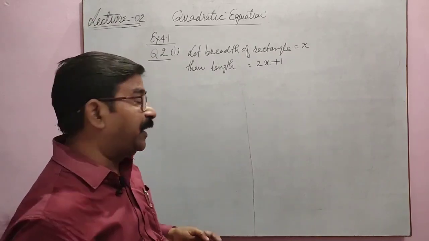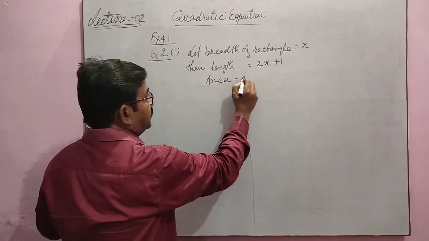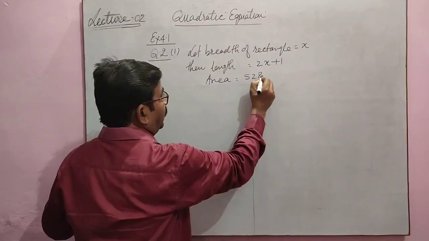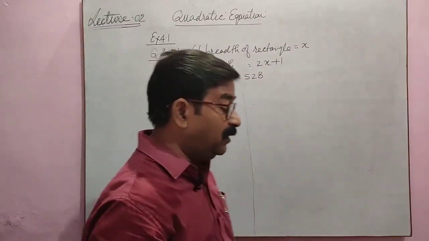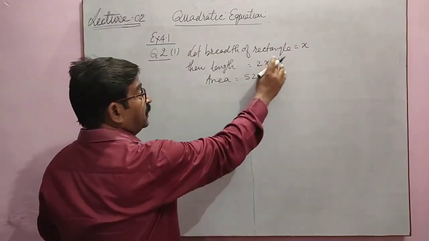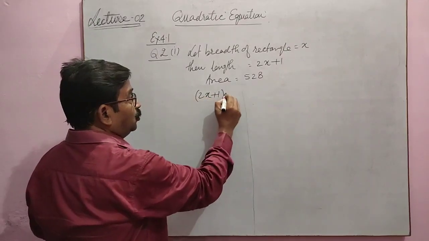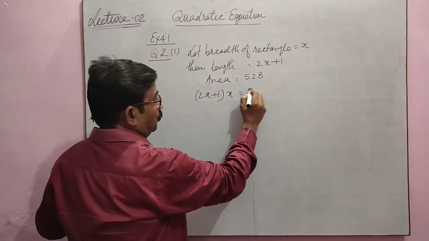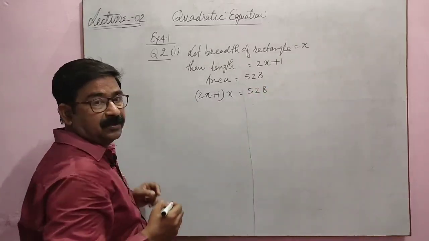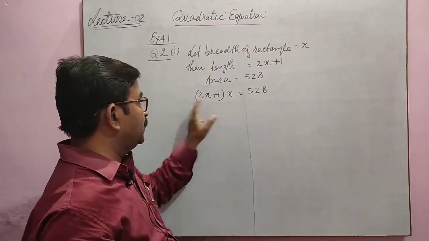Now we have to find the area. Area is given as 528 meter square. Now area is length into breadth, which means (2x plus 1) into x is equal to 528. Got it? Now simplify this, multiply in the bracket.